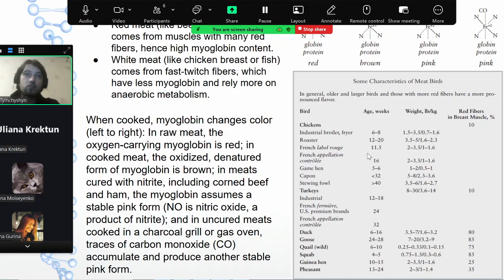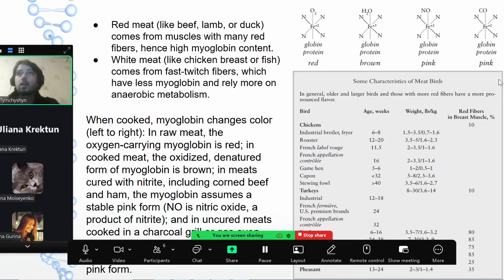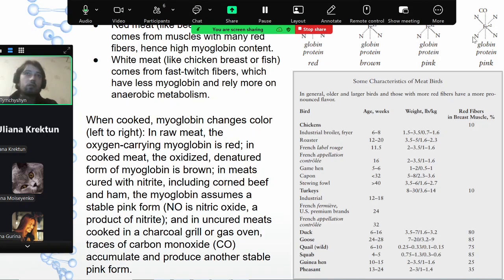And in uncured meats cooked in a charcoal grill or gas oven, traces of carbon monoxide accumulate and produce another stable pink form. So you can get the pink form either from nitrites or from preparing meat in a charcoal grill. So that changes the color, which may be interesting for you.